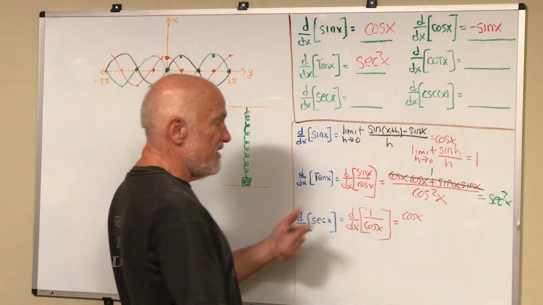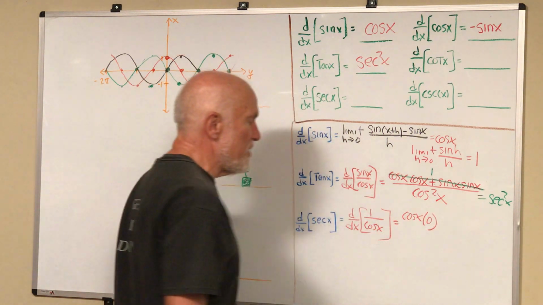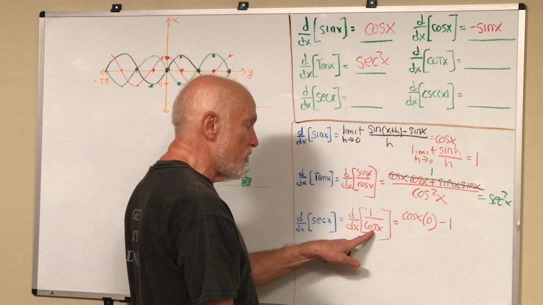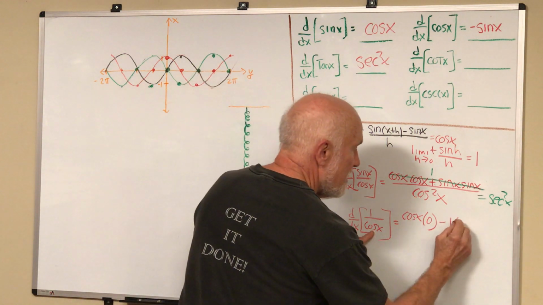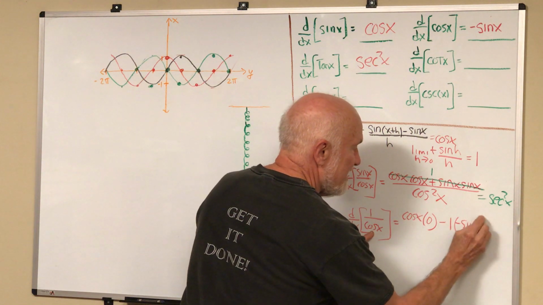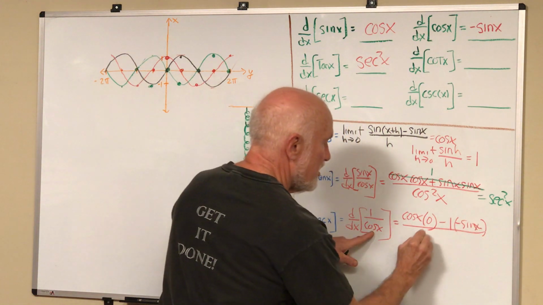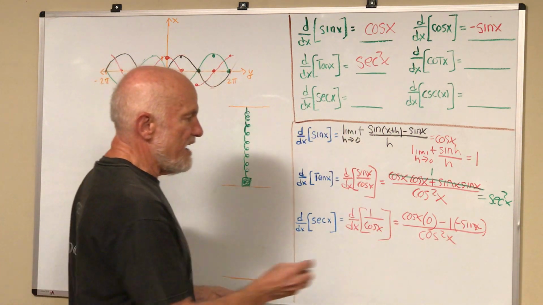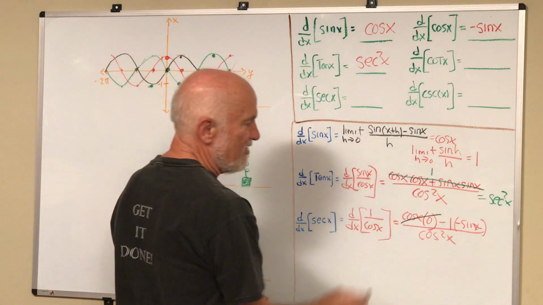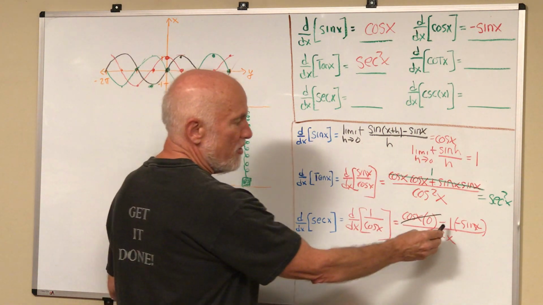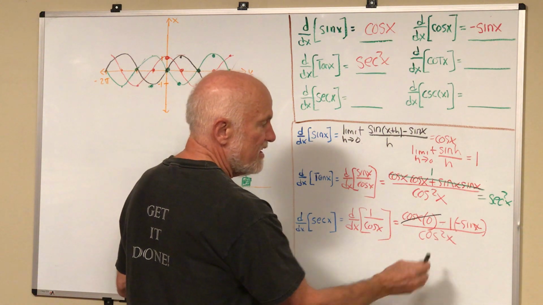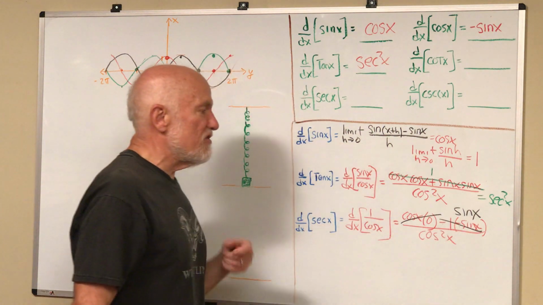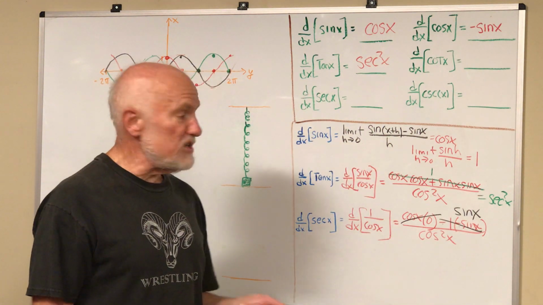Well, the derivative of 1 is 0 because it's a constant, minus high, 1, d low, the derivative of the cosine is minus the sine, all over low squared. Well, we have minus, this cancels, 0 times anything is 0, and minus times minus is plus. So we get just the sine of x over the cosine squared, which would be a correct definition.